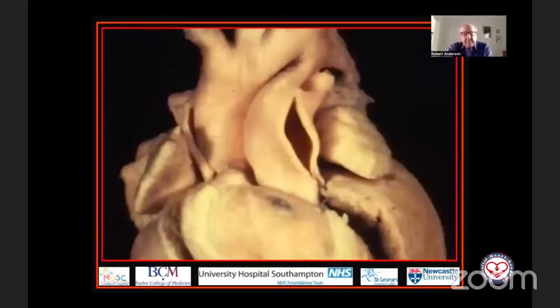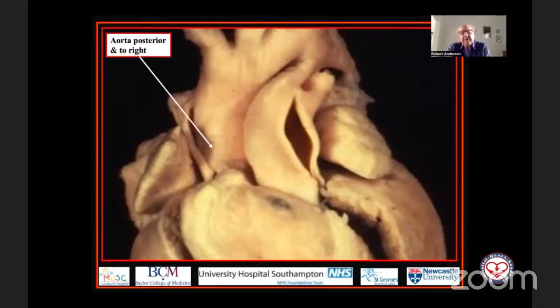And a big problem arose in 1970 when Richard van Praagh came across a heart looking like this. If you look at this heart, you see that there is the aorta, and it is located posteriorly and to the right. If you look very carefully, the incision shows you that the aorta is arising from the morphologically right ventricle.